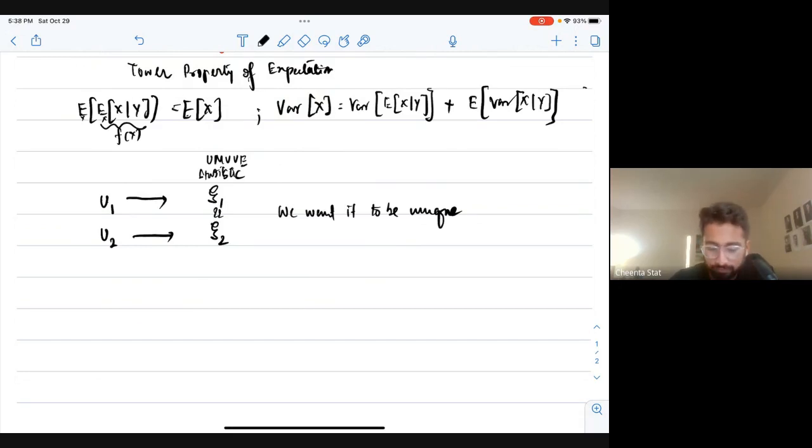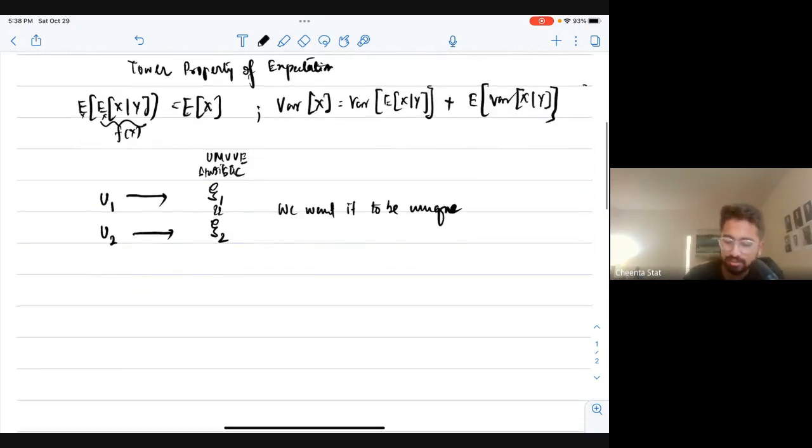So understand these are nothing but functions of the sufficient statistic T, right? So f1(T) and f2(T). Now, these two are expected to be equal, of course.